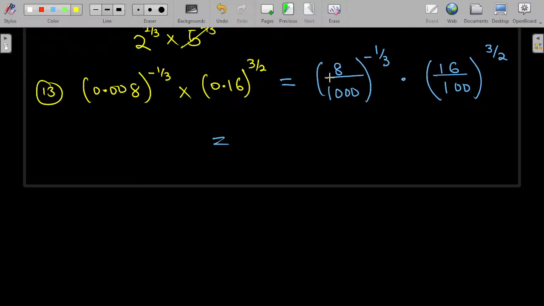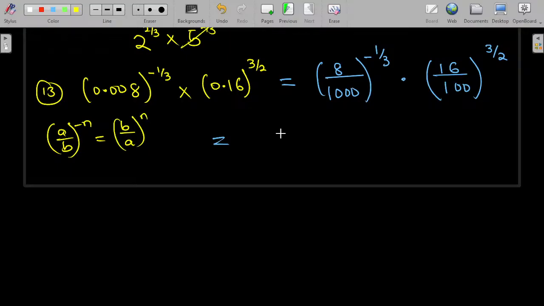So what can we do here to clear this? Remember I said in that video also that if you have a over b all raised to a negative power, you can actually turn over the fraction, and then you will clear the negative to positive. So this is equal to b over a raised to the power of n.